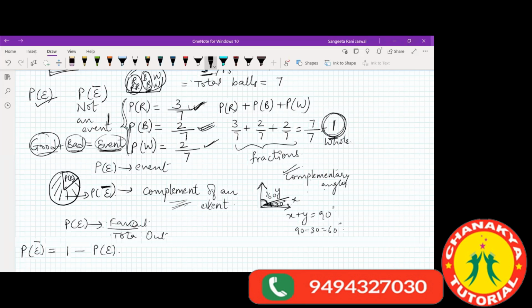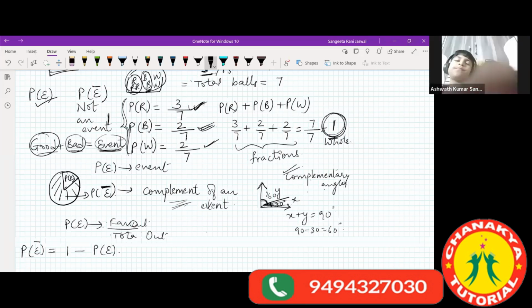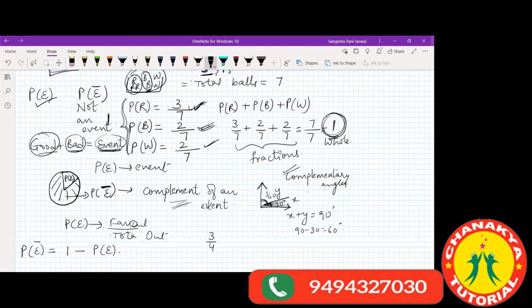If I say 3 by 4 is one fraction and 1 by 4 is another fraction, which makes one whole, this is my favorable event and this is my non-favorable event.